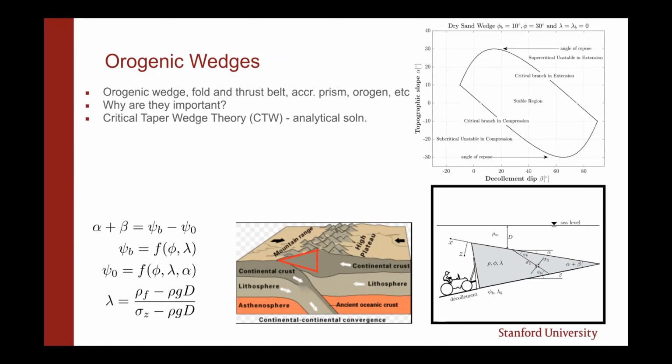And if you plot the topographic angle or topographic slope versus the basal or décollement angle beta, you get this series of fish lobe diagrams in the top right. And within the fish lobe, your wedge is mechanically stable. And that's the point where it basically wants to reach if you perturb it outside of this region of stability. Or if you start from, say, a completely undeformed layer of material, it'll ultimately, if you keep pushing through tectonic forces, reach the stability region.